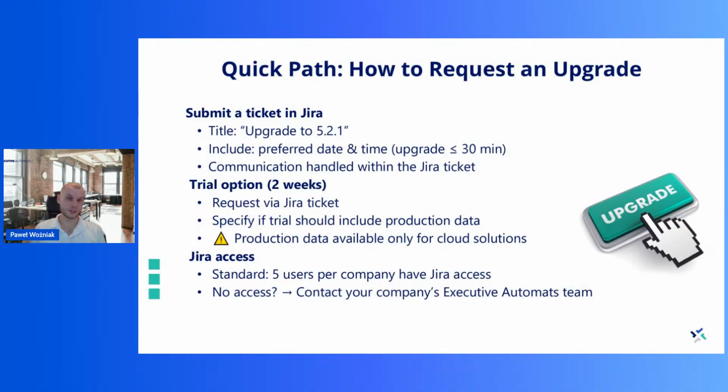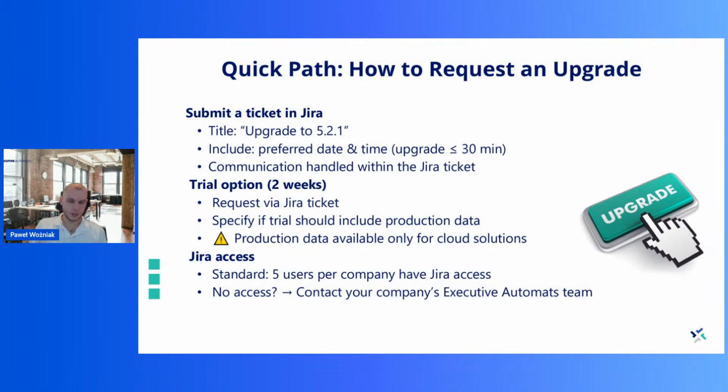Our newest version is 5.2.1, which is the newest so far, but we are closing the release of version 5.3. No matter which version above 5.0, if you would like to get upgraded from a previous version, the best way is to create a Jira ticket.